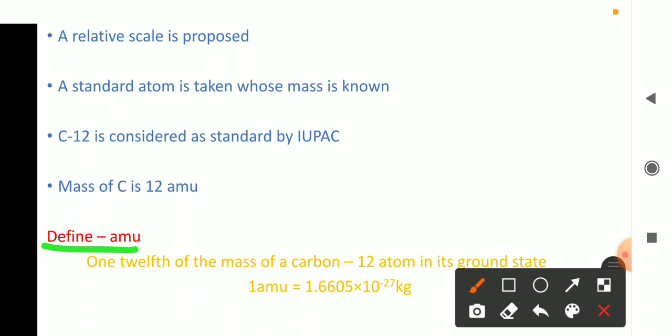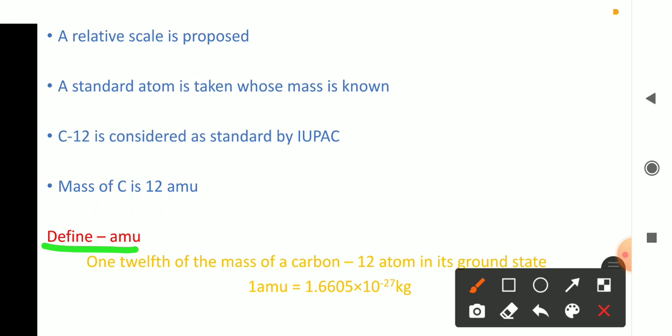That is, one part in 12 of the mass of carbon. So it is the 1/12 of the mass of carbon 12 atom in its ground state, and the value of 1 AMU is equal to 1.6605 into 10 to the power minus 27 kilograms. So this is the information we have to know about AMU.